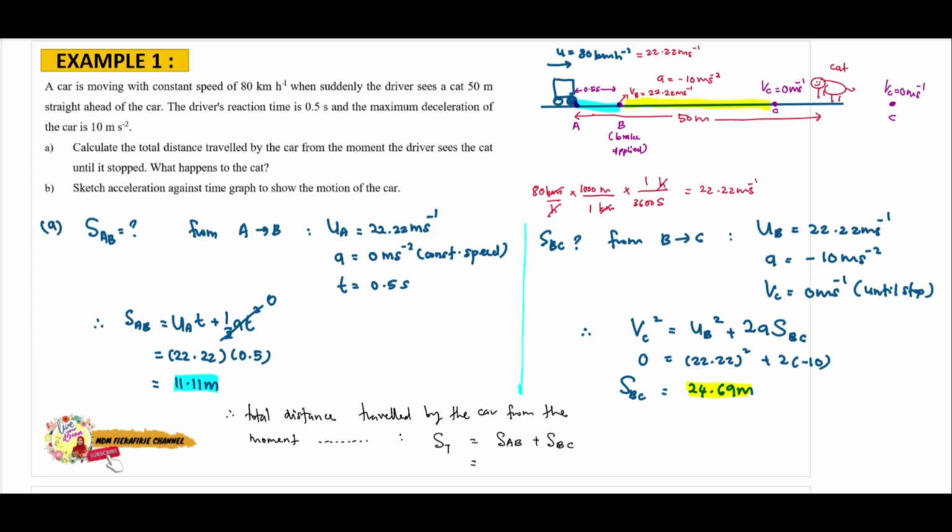We substitute 11.11 plus 24.69. So S total is equal to 35.80 meter.